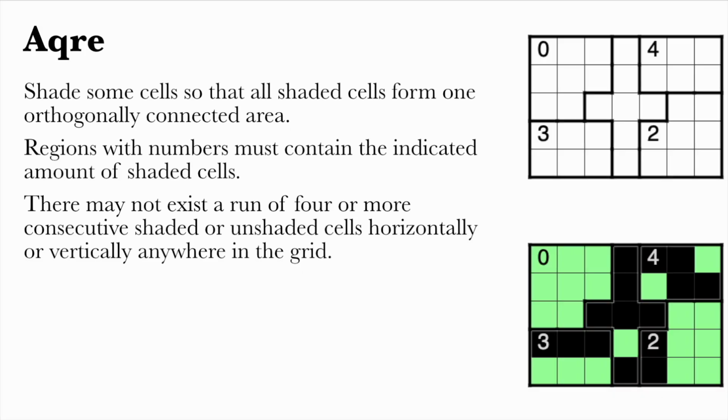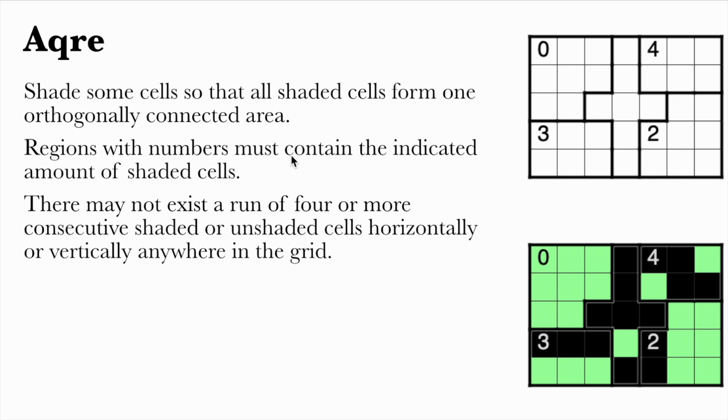And let's dive in with a fresh look at the rules. In an Aqre puzzle, we shade some cells so that all shaded cells form one orthogonally connected area. Orthogonally connected means that from any one shaded cell, we can reach any other in the grid by traveling only horizontally and vertically through that area.